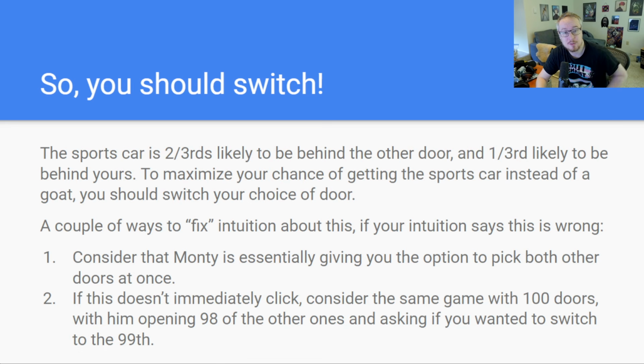And if you'd like to fix your intuition about this, if that isn't intuitive to you at first, a technique that helps people is to consider that Monty, the game show host, is essentially giving you the option to pick both other doors at once.